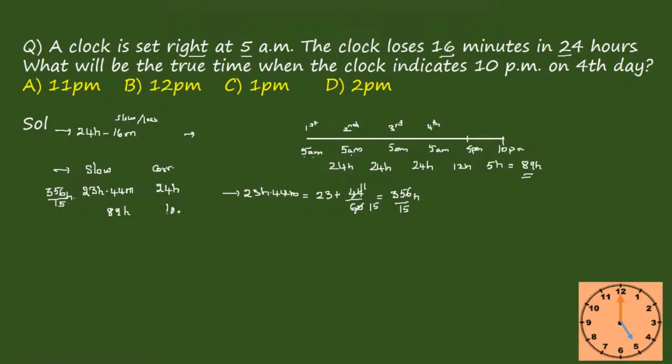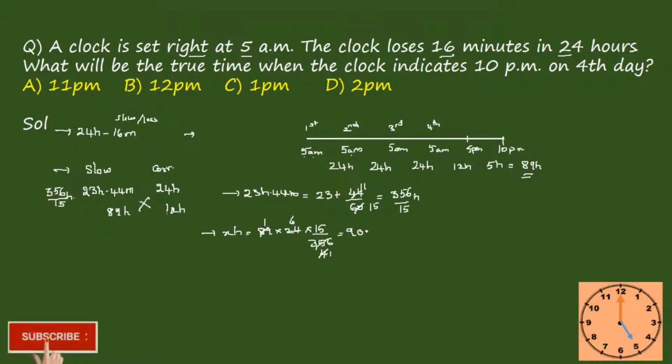If you consider the correct one as x hours, then if you cross multiply it, x hours is equal to 89 into 24 into 15 by 356, which is equal to 90 hours. So it will be showing the correct time after 90 hours.